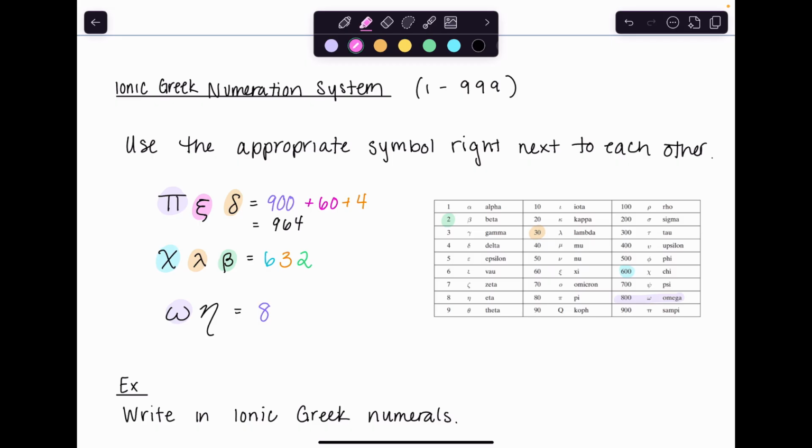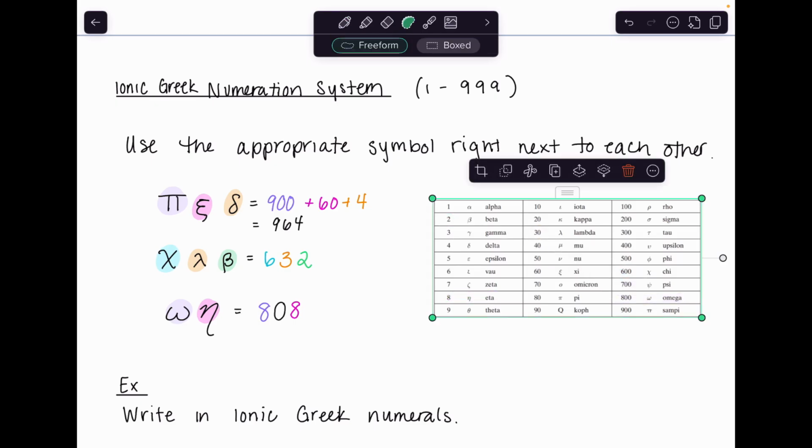Now this position can be either the ones or the tens. So looking through, I've got nothing here that looks like it. So going into the ones, that is going to be eta. So I have nothing in my tens position, and then 8 in my ones position. Okay, so this is the number 808.